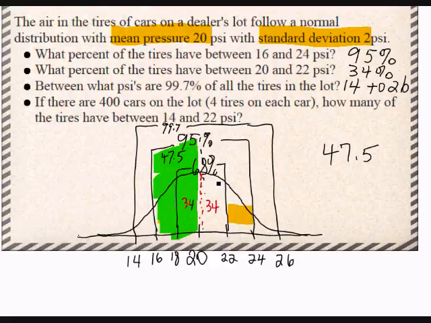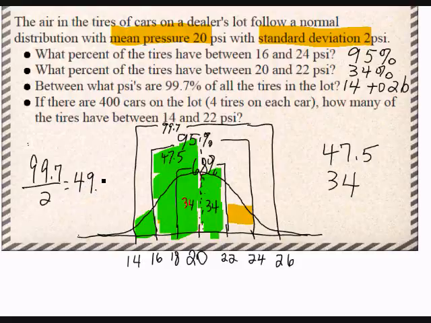Then I need up to 22. Let me get a little more green here. There's 34. Now I've got to get all the way down to 14. I've got to get that little section. I could take the 99.7 and divide that in half, which is 49.85.